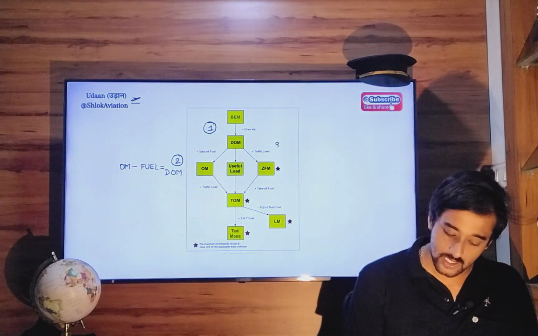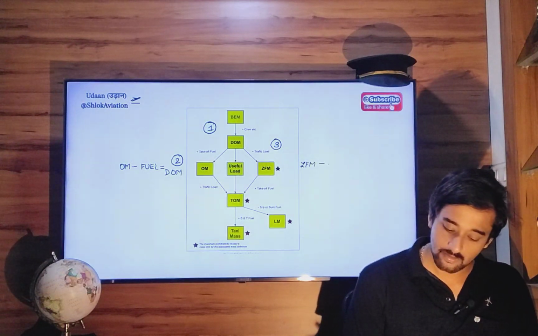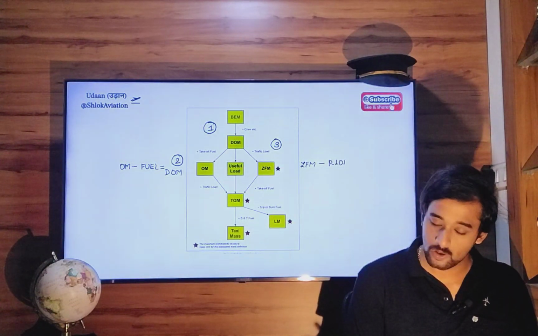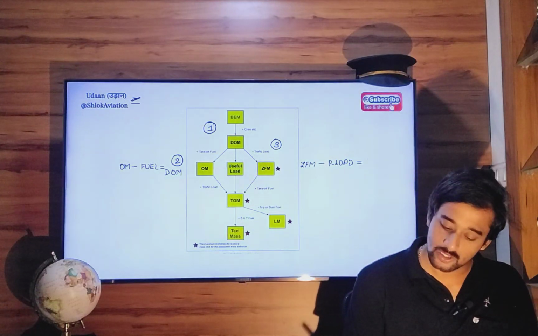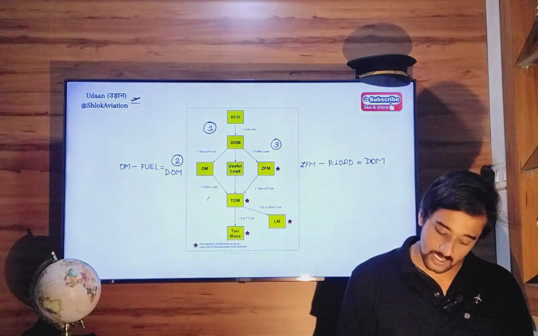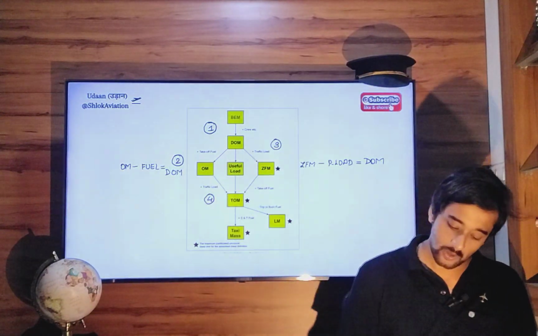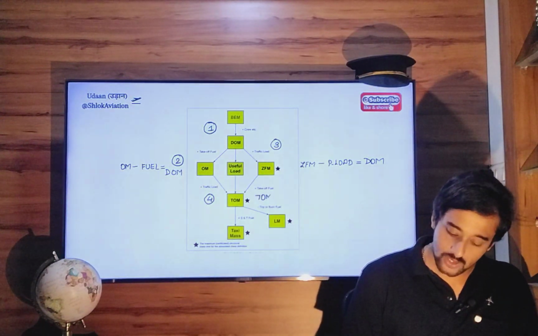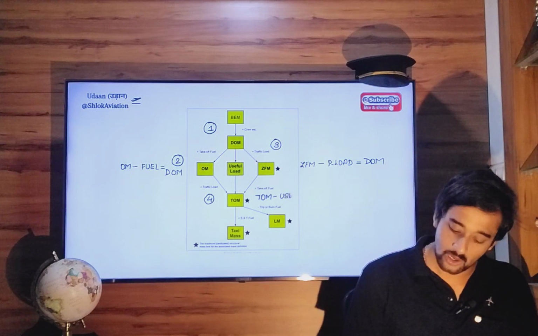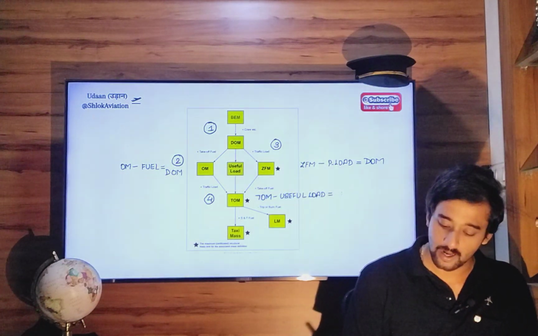Third way is this: zero fuel mass minus traffic load or payload will also give you dry operating mass. Okay. The fourth way is this. Takeoff mass minus useful load equals your dry operating mass. So there are four ways.